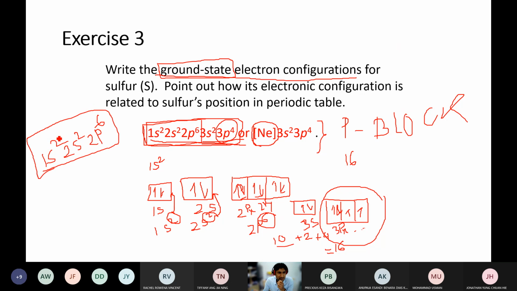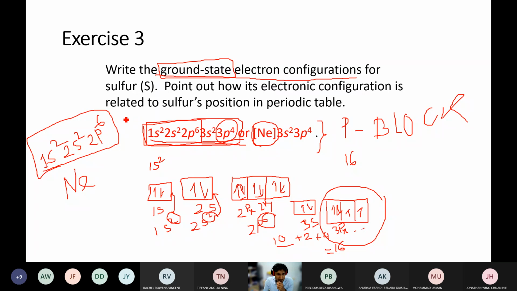You see that they have their octet filled up. They do not need to take or give any electron. They are very stable. They have no other space for electrons to absorb, so they do not need to give to others as well. So this is the neon structure.